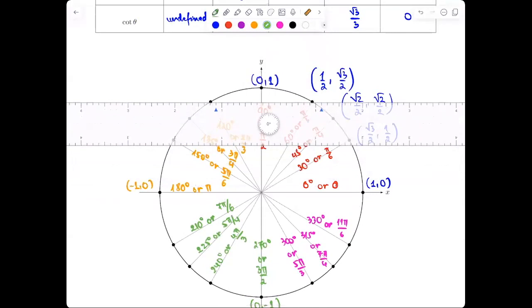Now for the point at 120 degrees, corresponding to this point, okay, it's just that the x value becomes negative. You with me on that? All right. So this point should be at -1/2, √3/2.